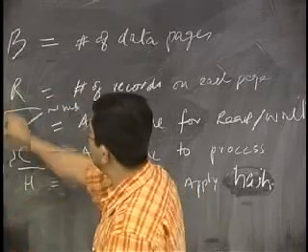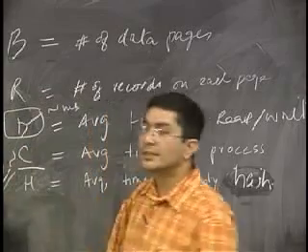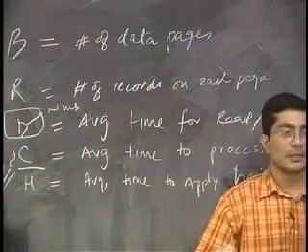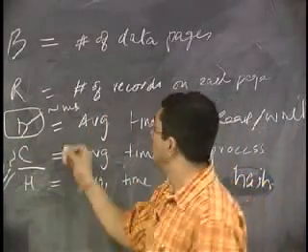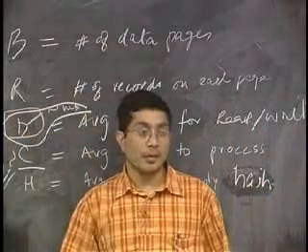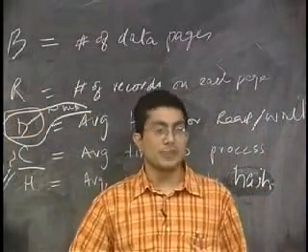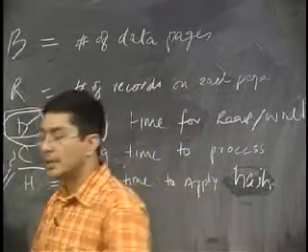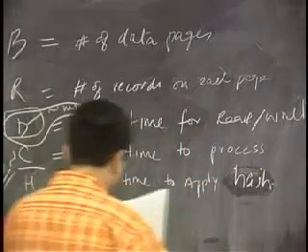So those things won't make any difference when we are comparing. You want to focus on how many reads and writes come in, because that decides how much time is taken to execute an operation.